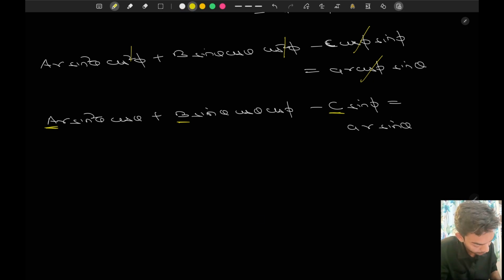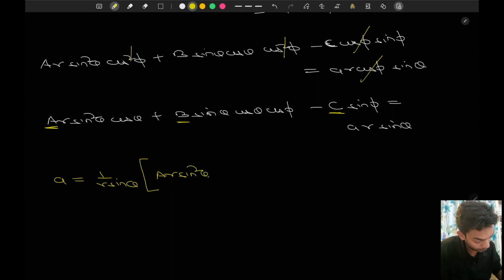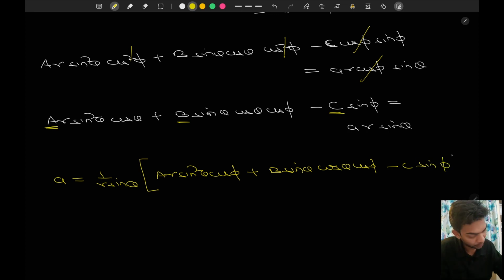My a is actually equal to 1 over R sin theta, bracket, AR sin square theta cos phi plus B sin theta cos theta cos phi minus C sin phi. That is my a. So let me box this equation.